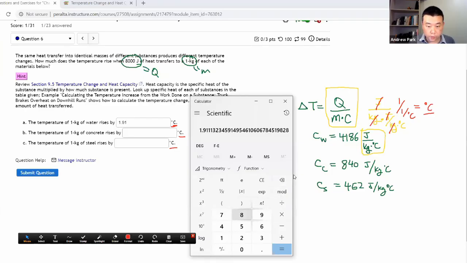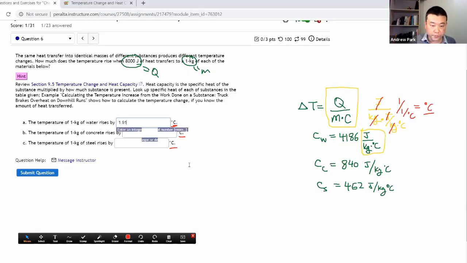Okay, let's keep going. For concrete, it's 8,000 joules, same amount of heat, divided by 840 joule per kilogram per degree C, and 1 kilogram too. Okay, so I get 9.52 degrees C as the temperature change.